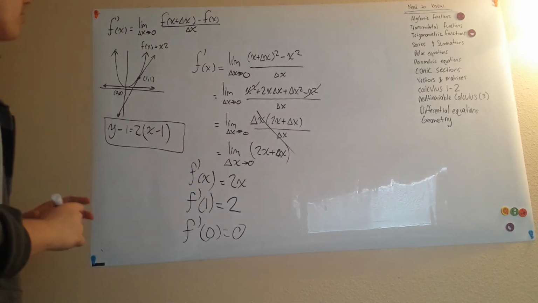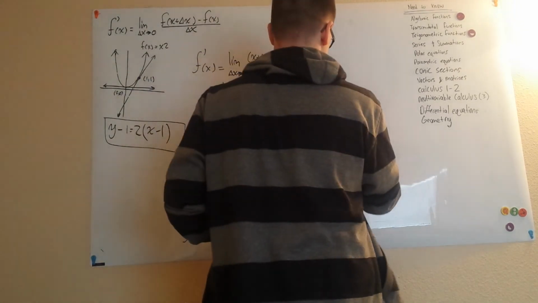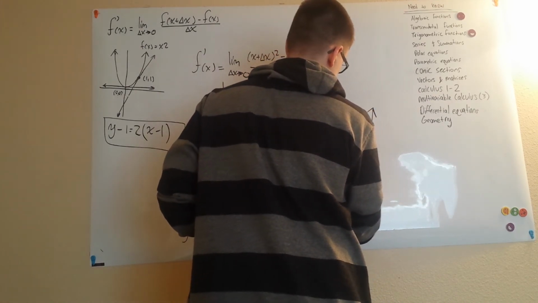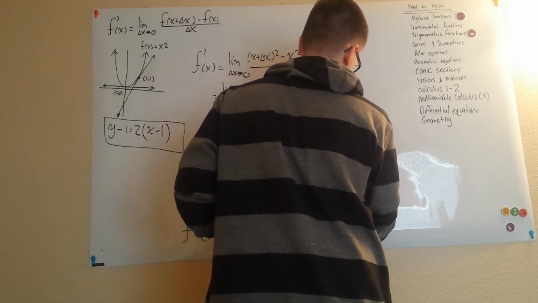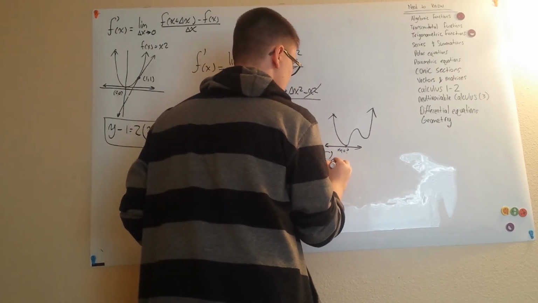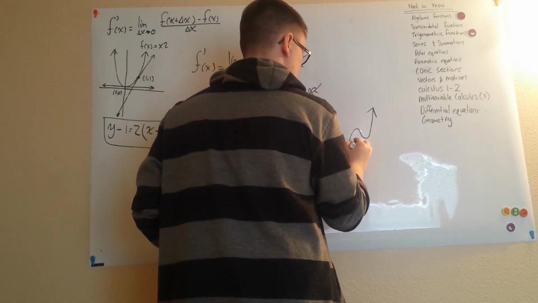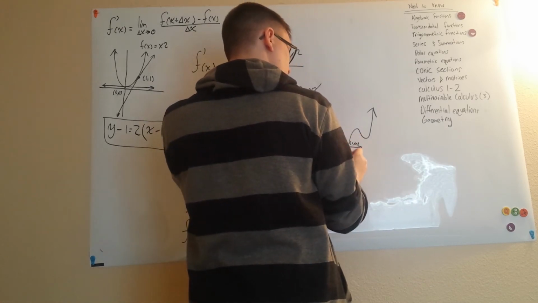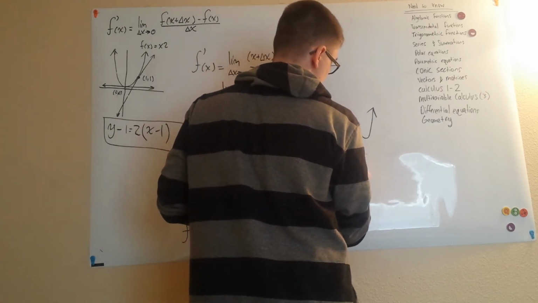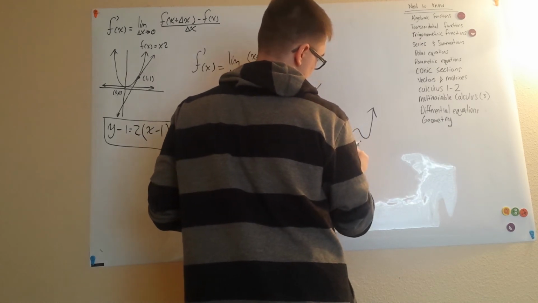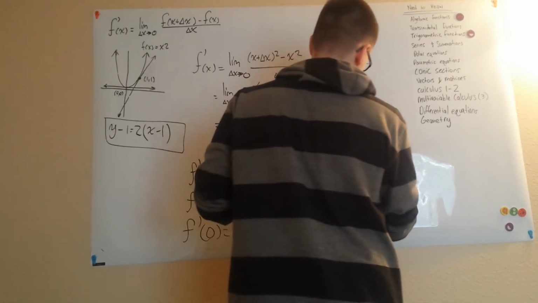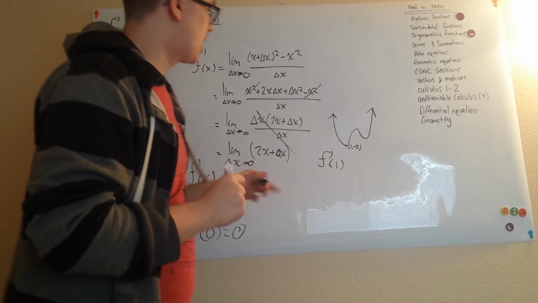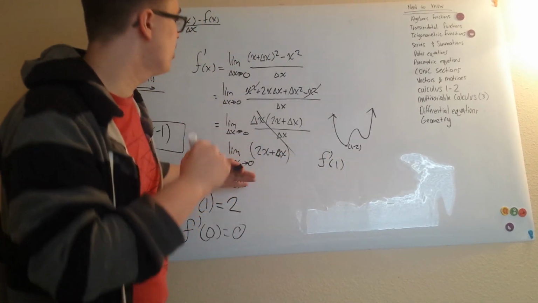Interesting. So if you have a textbook problem that asks, what is f prime of 1, and this is the point (1, -2), don't do all this.